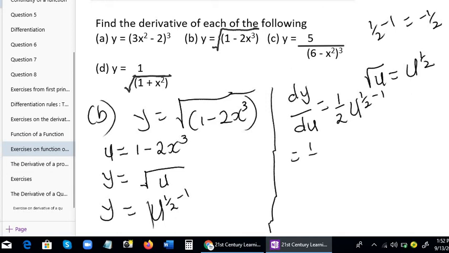I'll have 1 half u to the minus half. This will give me 1 over 2 root u. Now this means 1 over u to the half, and u to the 1 over 2 is root u.